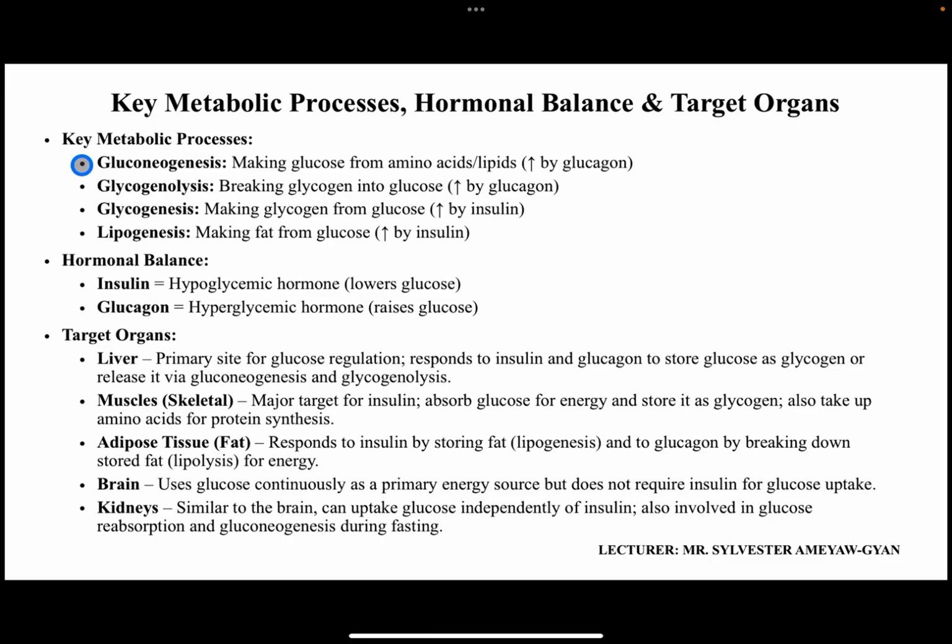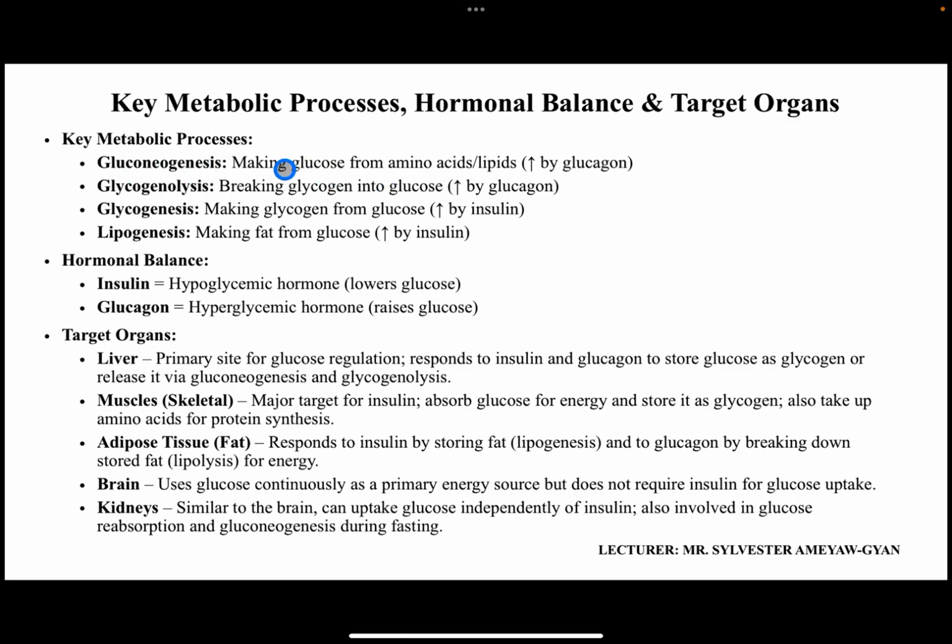You are making glucose from amino acids, the end product of protein metabolism, and from fat, lipids. That process is what we call gluconeogenesis.